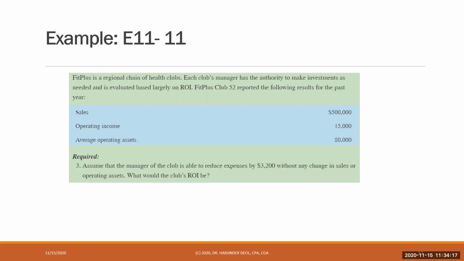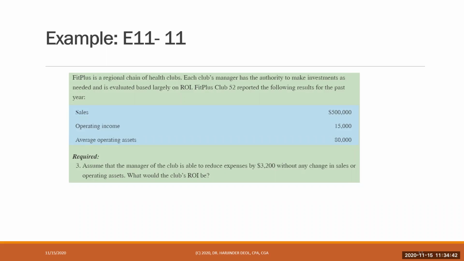Same facts. Assume that the manager of the club is able to reduce expenses by $3,200 without any change in sales or operating assets. What would the club's ROI be in this case? So remember the relationship between operating expenses and operating income. If your expenses go down, the operating income will go up.